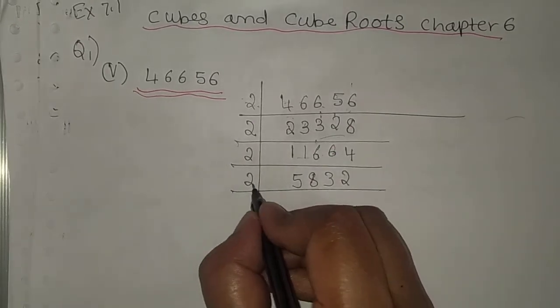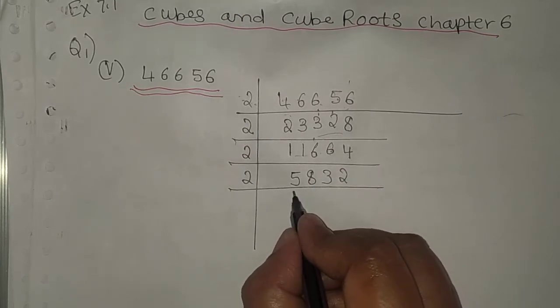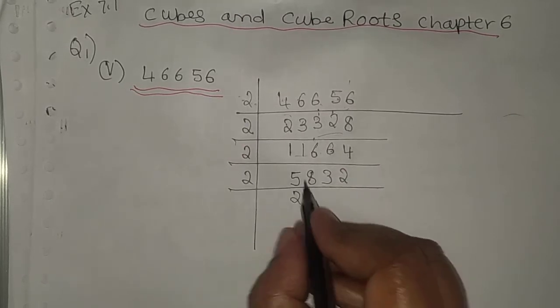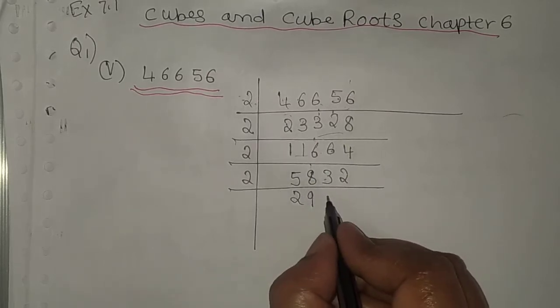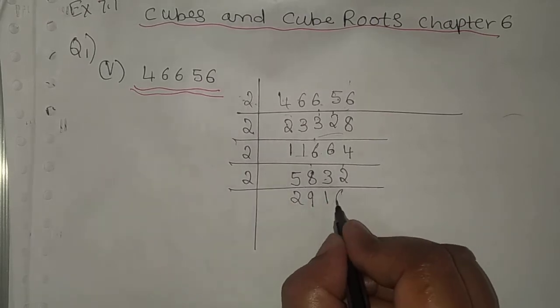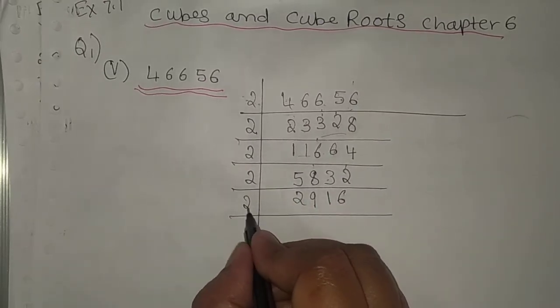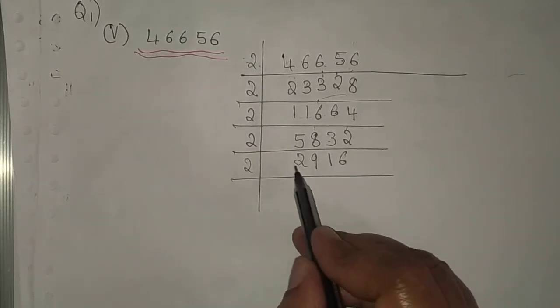So next, again we can solve this. 2 2s are 4, write 2 here, 2 2s are 4, one remainder, 2 9s are 18, then 2 1s are 2, then 1 here, then 2 6s are 12. This is how easily we can find out this large number.